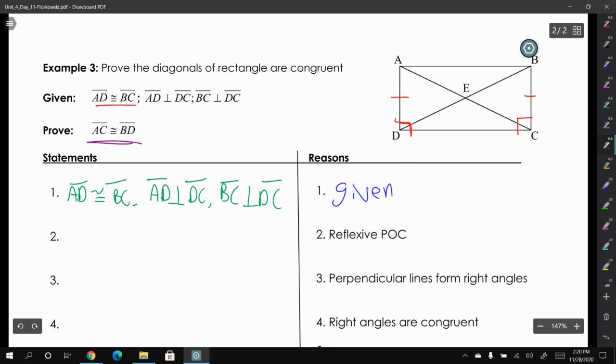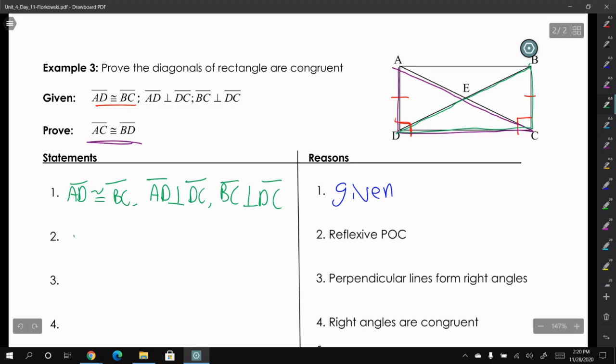Now what we're going to do is we're going to look at side DC. If we look at this triangle here in purple, and this triangle here in, I don't want to use blue, let's use green, they both share side DC.